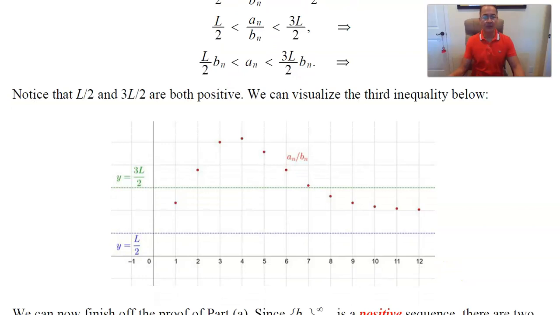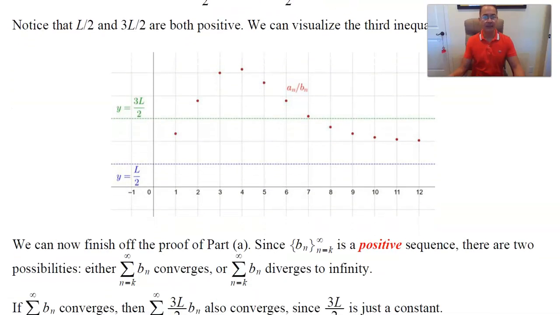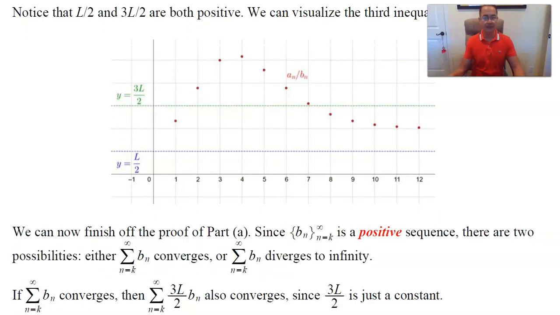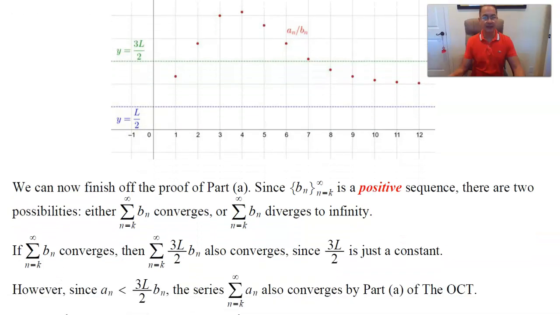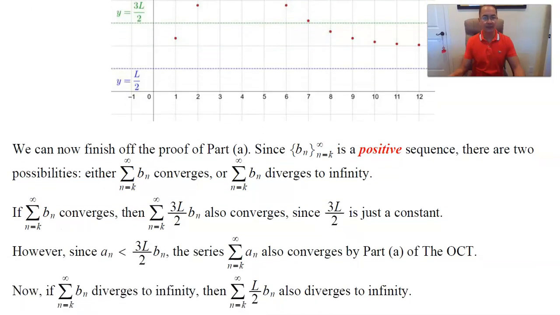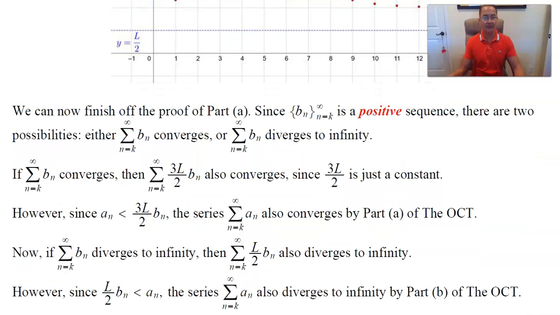Okay, so b sub n is a positive sequence. So what's going to happen? There are two possibilities. Either the series made by the b sub n converges or diverges to infinity.